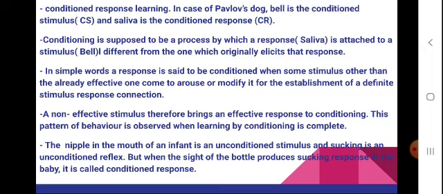In simple words, a response is said to be conditioned when some stimulus other than the already effective one comes to arouse or modify it for the establishment of a definite stimulus response connection. A non effective stimulus therefore brings an effective response to conditioning, that is, learning. This pattern of behavior is observed when learning by conditioning is complete.